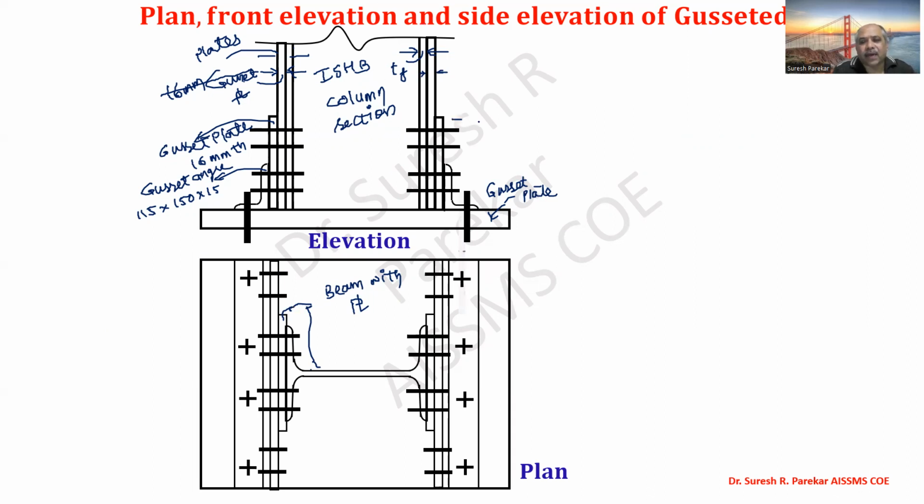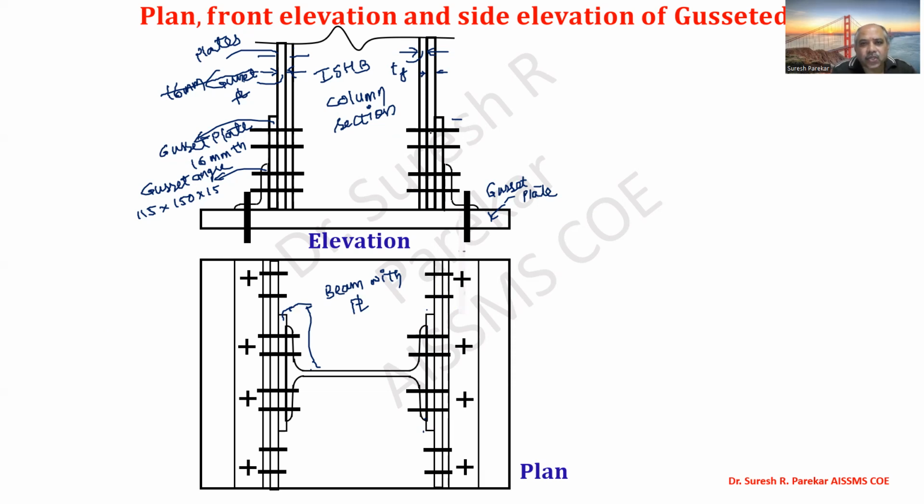Gusset plate we have around 1 meter likewise. Now you can see this gusset plate again throughout this base plate. Whatever size of base plate, that will be the width of base plate. This plate we do not have likewise. This is beyond your column, that is 50 or 100 as per your requirement of the compressive force.